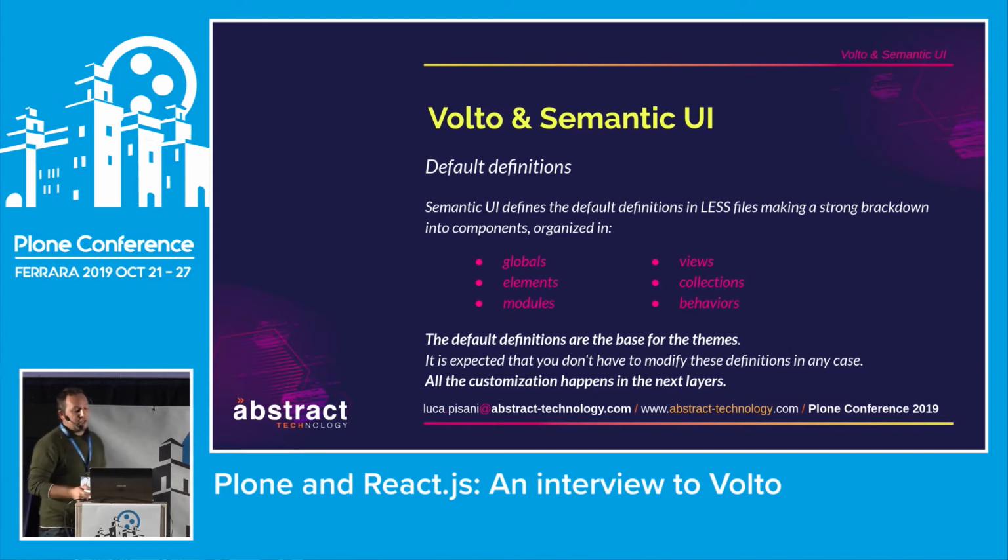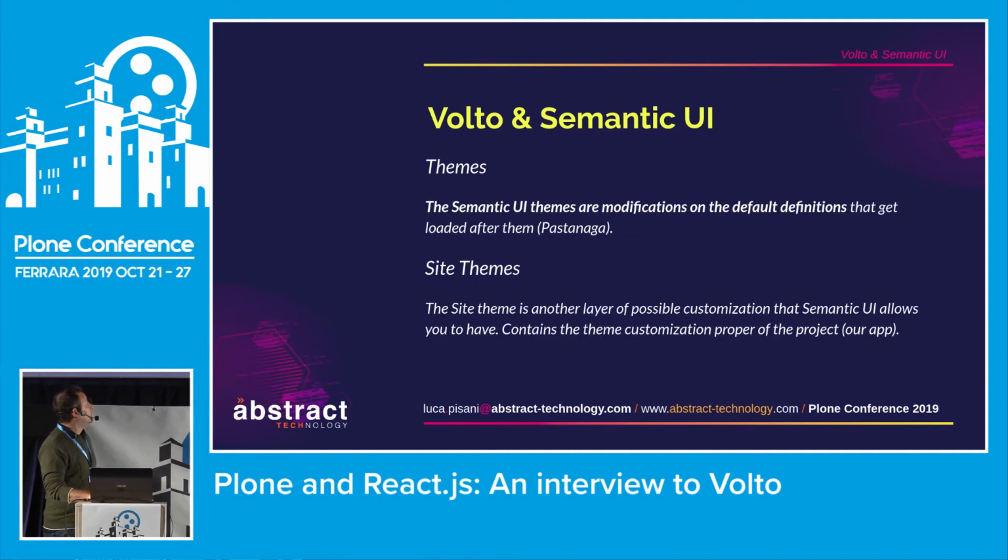Semantic UI defines the default definition in less and in JSX React components. It's organized in globals, elements, modules, views, collections, and behaviors. The default definition is the base of the themes and should not be overridden by the developer, because all the customization goes into the theme or inside themes.